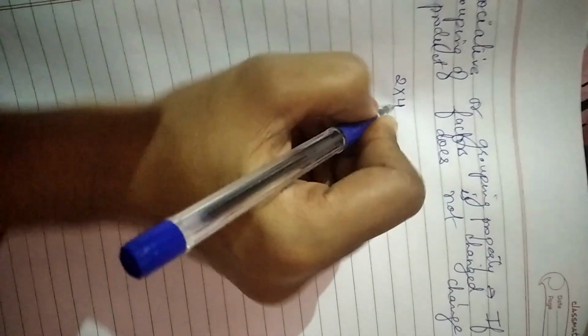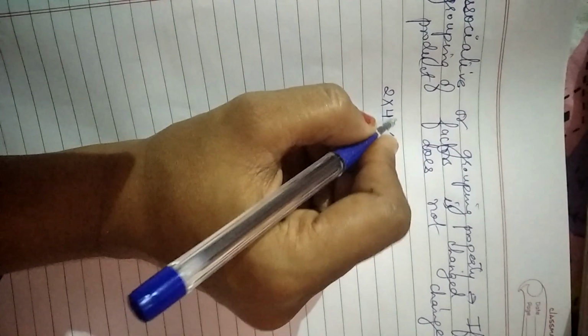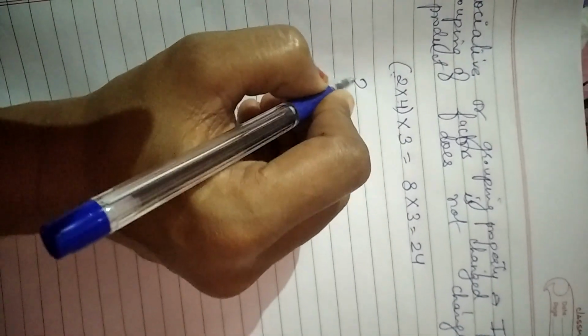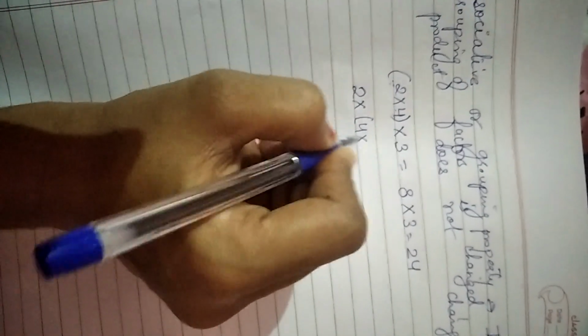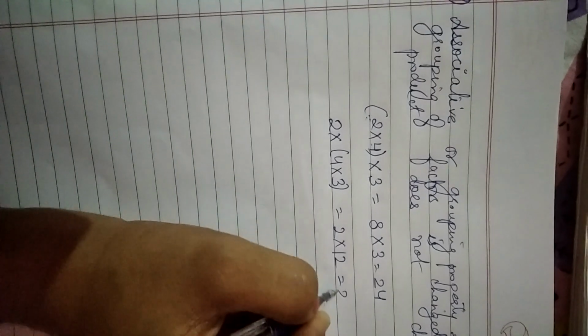Like if we take 2 into 4 into 3, here these two numbers are in a group. This gives us 2 into 4, 8, and 8 into 3 equals 24. Now if I change the group, taking 2 into the group of 4 into 3, it gives us 2 into 12, which equals 24.